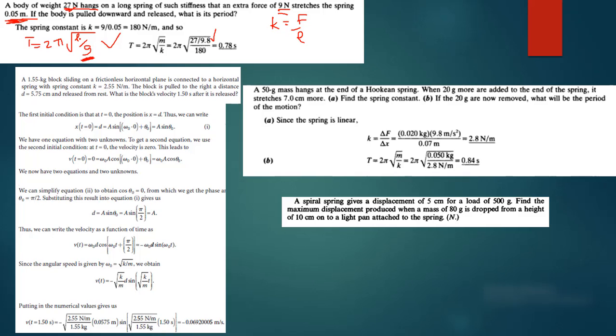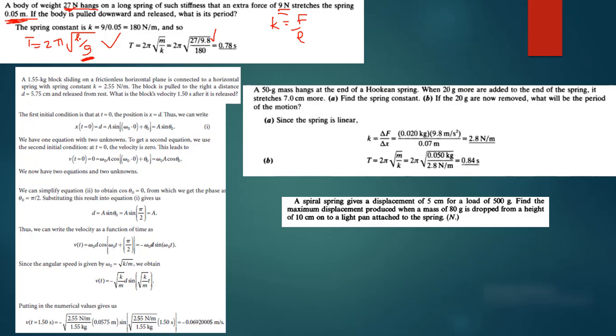Otherwise, here the extension is caused by the extra force ya 9 Newton. So do not confuse yourself ukajichanganya ukataka utumie hiyo extension ya 0.05 uje kutumia na gravity, you'll miss the question. So don't do that.